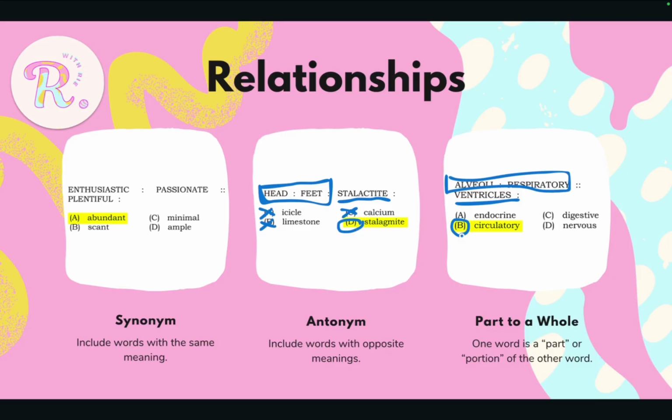So they're all interrelated because sometimes, just like this one, this is a biology topic, right? So in the analogy subtest, if you know topics about biology, sometimes even physics and chemistry, you would be able to answer this part with ease. So let's move on to the next type of relationship.